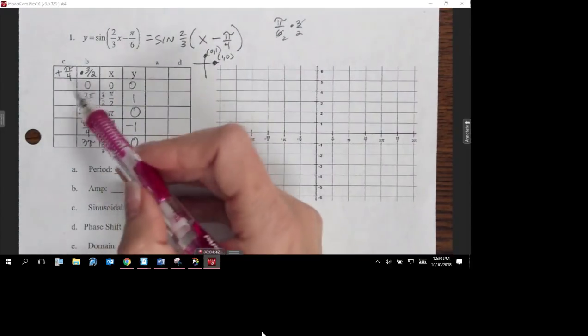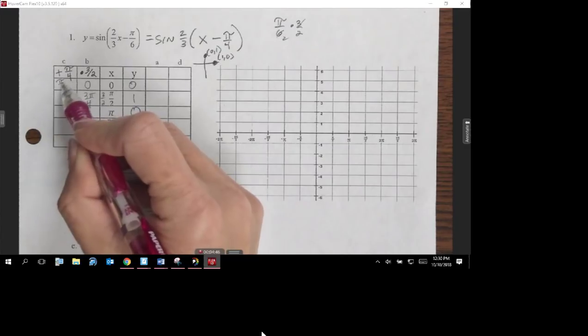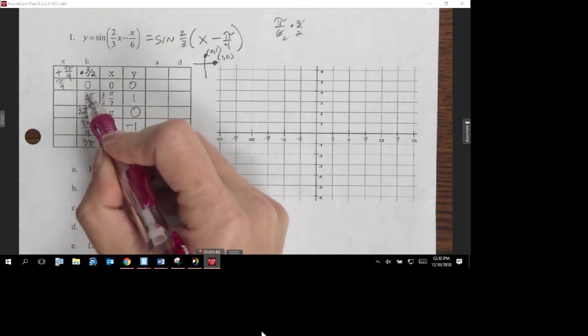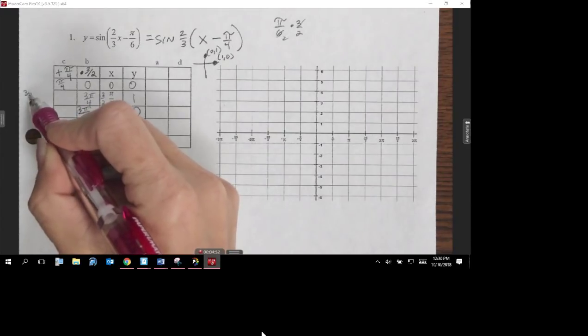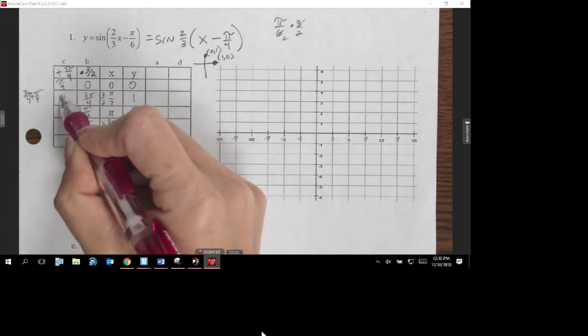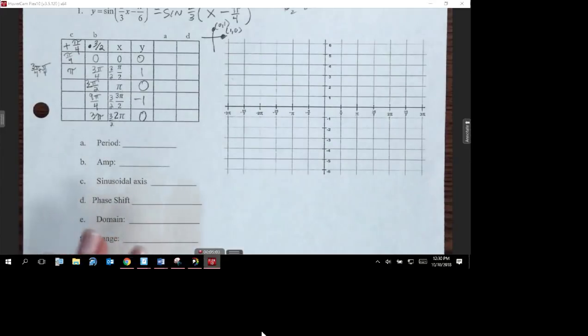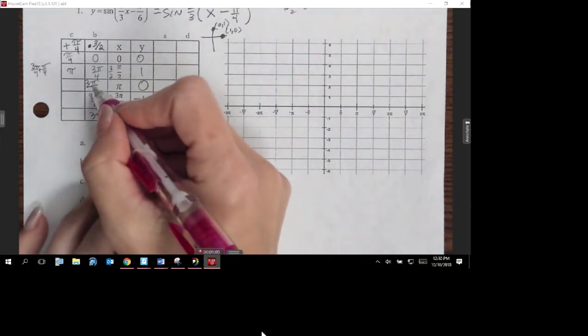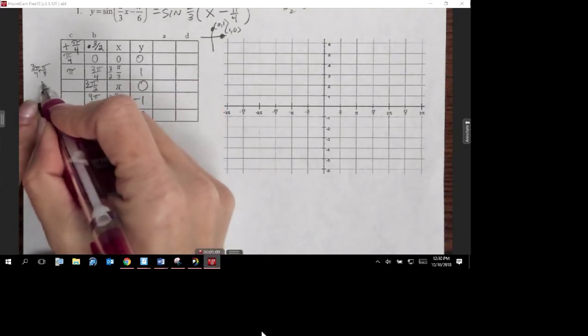Then what we're going to do is add with a fraction. So 0 plus pi over 4 is pi over 4. And then if I add 3 pi over 4 plus pi over 4, and then 3 pi over 2 plus pi over 4, I'm going to have to find a common denominator.